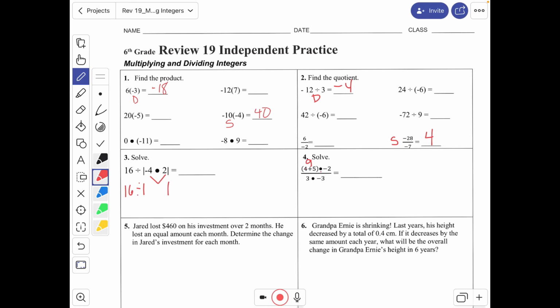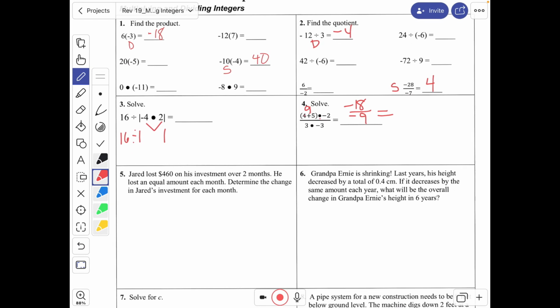And then 9 times negative 2 makes negative 18. And then you do what's on bottom. 3 times negative 3 makes negative 9. And then what is negative 18 divided by negative 9? Same signs. Answer is going to be positive.